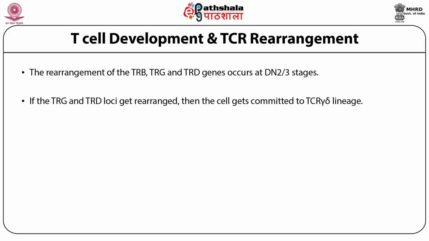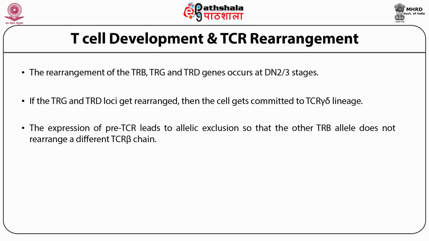However, if a successful rearrangement occurs at the TRB locus, then the cell gets committed to TCR alpha beta lineage and combines with a pre-T alpha chain to express a pre-T cell receptor or pre-TCR on its surface. The expression of pre-TCR leads to allelic exclusion so that the other TRB allele does not rearrange a different TCR beta chain. The TCR alpha beta lineage cell then reaches the DN4 stage and starts rearranging the TRA locus.